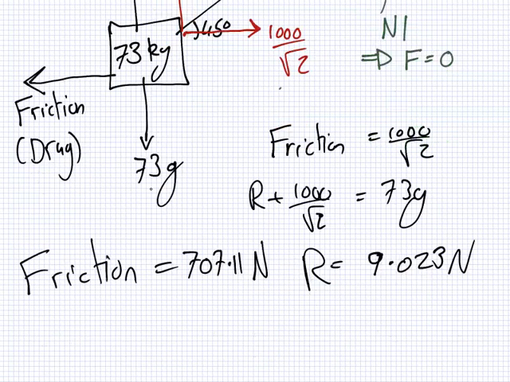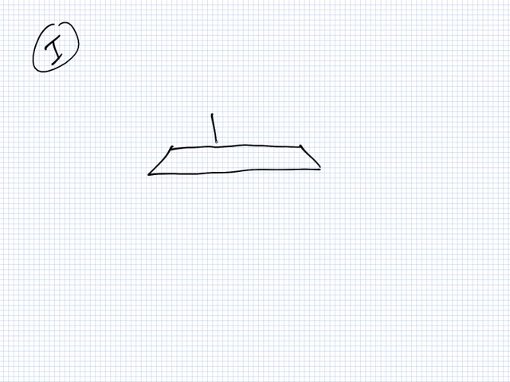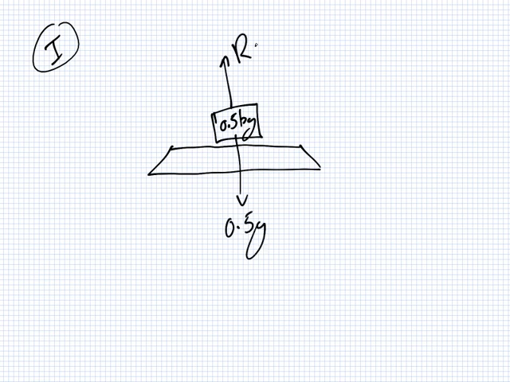First case, it's not moving. So we have our weighing scales. We place our book on it. This says it's 0.5 g, and this is a reaction force, which also will have to equal 0.5 g to be balanced.